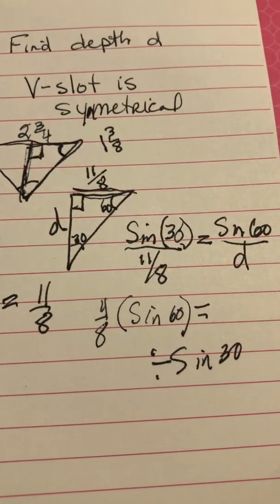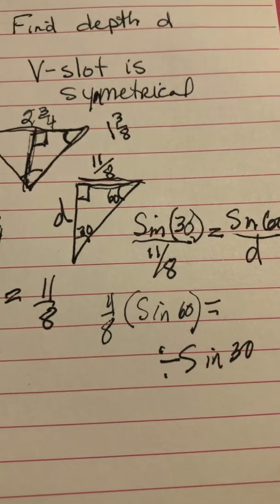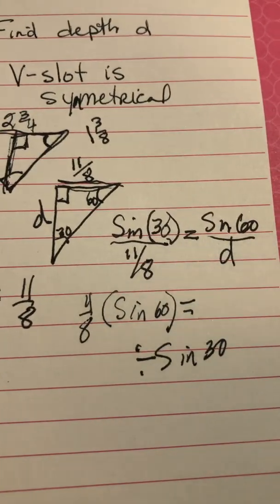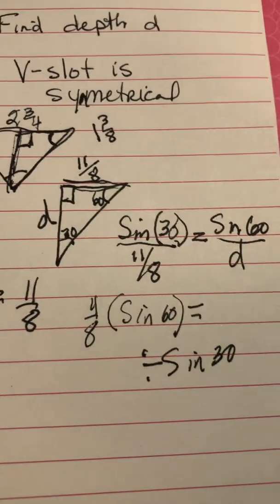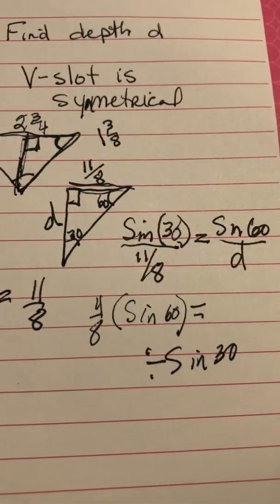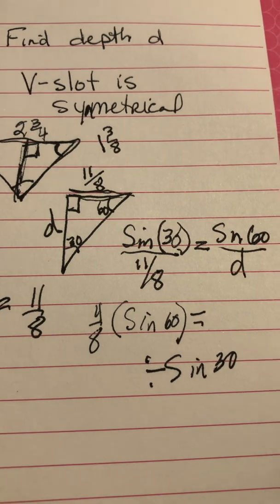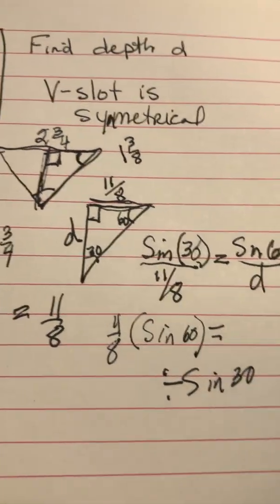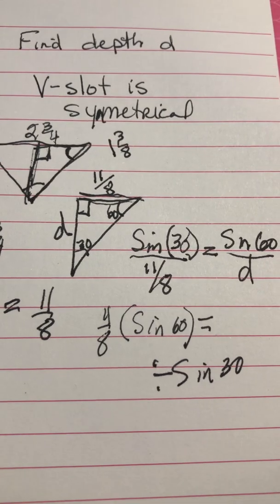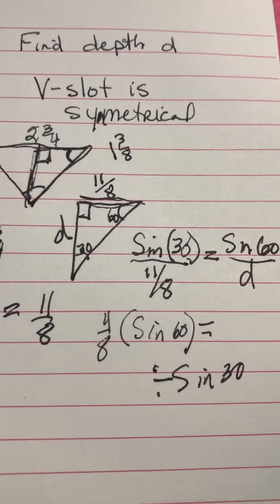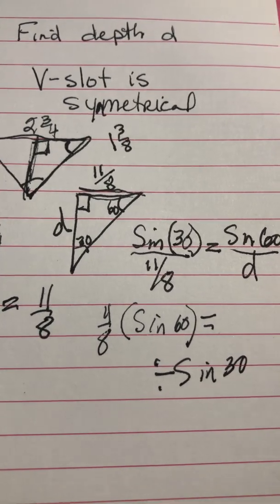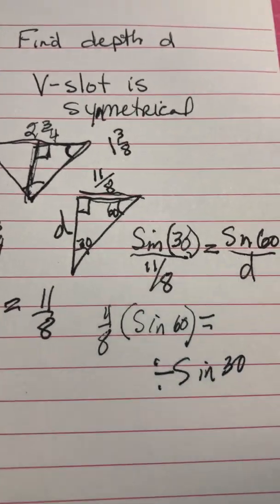So if we do that, let's see here, sine of 60 times 11 eighths. And remember, if you put sine of 60 in first, you've got to make sure you close the parentheses around the 60 before you put times 11 eighths, and then divided by sine of 30.